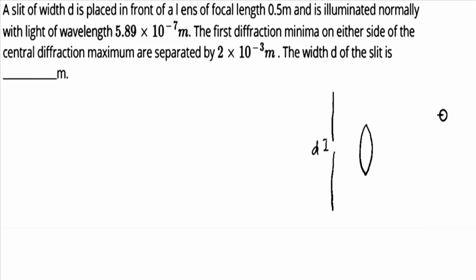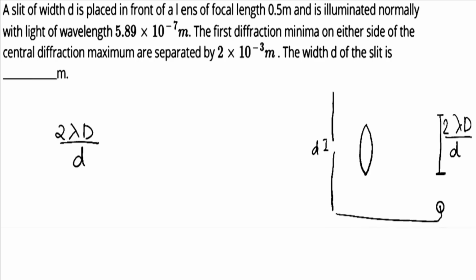So the distance between the two first diffraction minima on either side, the formula for that is 2 lambda D by small d, where capital D is the distance between the screen where the pattern is obtained and the slit, and lambda is the wavelength used.